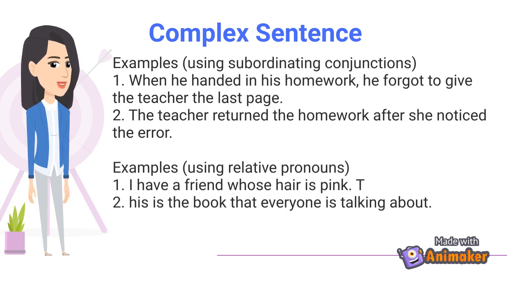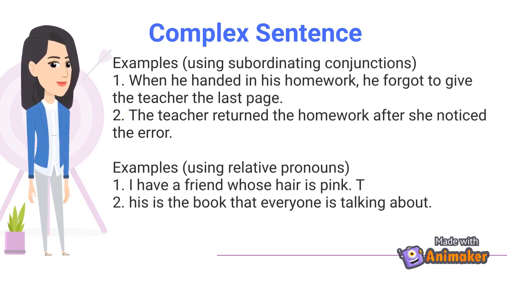The next example is: this is the book that everyone is talking about. We have an independent clause, this is the book, and a dependent clause, that everyone is talking about.